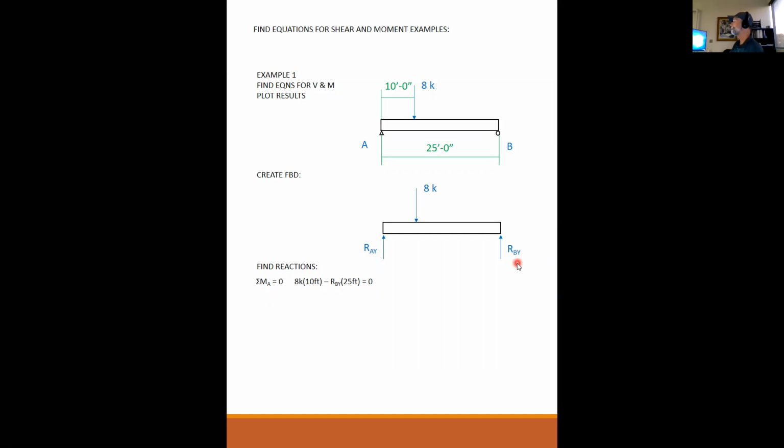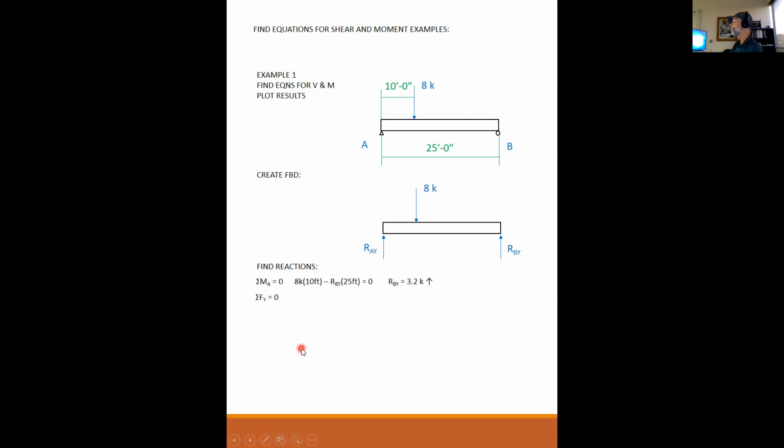And we have an unknown reaction at B times a 25-foot lever arm that is tending to rotate the body counterclockwise. So that would be negative. Solving for my reaction at B, I have 3.2 kips and it is up. The reaction was positive. I assumed it was going up. It's positive, so it is going up.